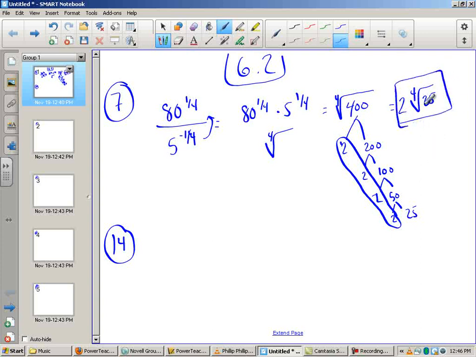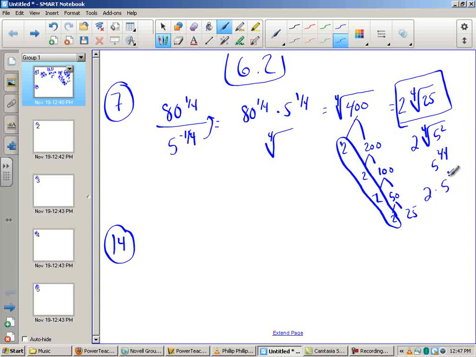This is okay with me. The text is going to have it written a little bit differently, and it has to do with the fact that 25 is really 5 squared. So this could also be written as 2 times the fourth root of 5 squared. Now this piece right here could be written as 5 to the 2/4, which reduces to 1/2.